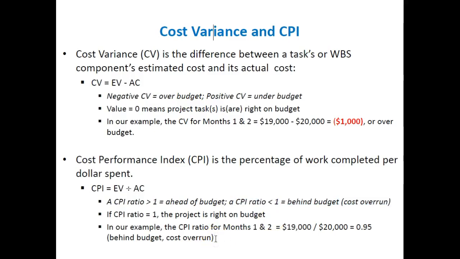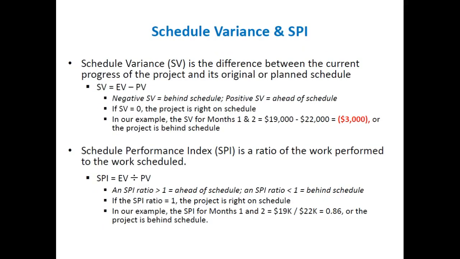Okay? So schedule variance and SPI are very similar, except we're looking at earned value and planned value. So remember, planned value is about the scheduled work to be performed during the month, okay? And so it's the difference between the current progress versus its planned schedule. So again, earned value minus the planned value. And in our example, we have the 19,000 as our earned value.